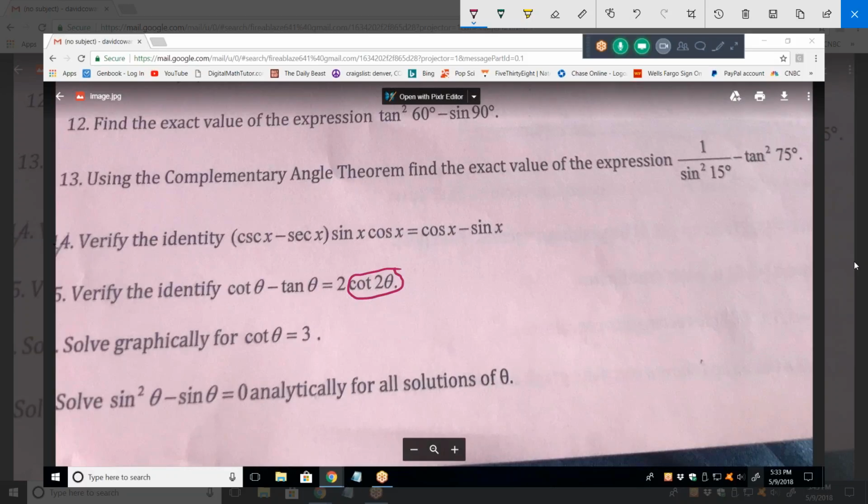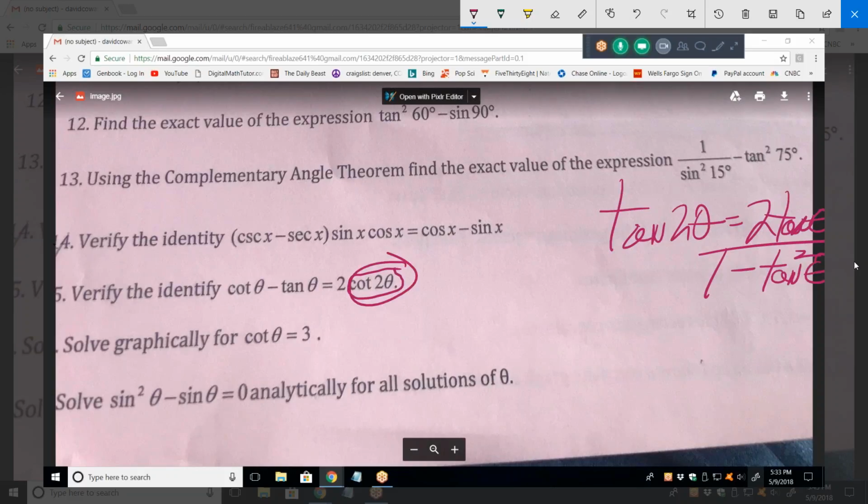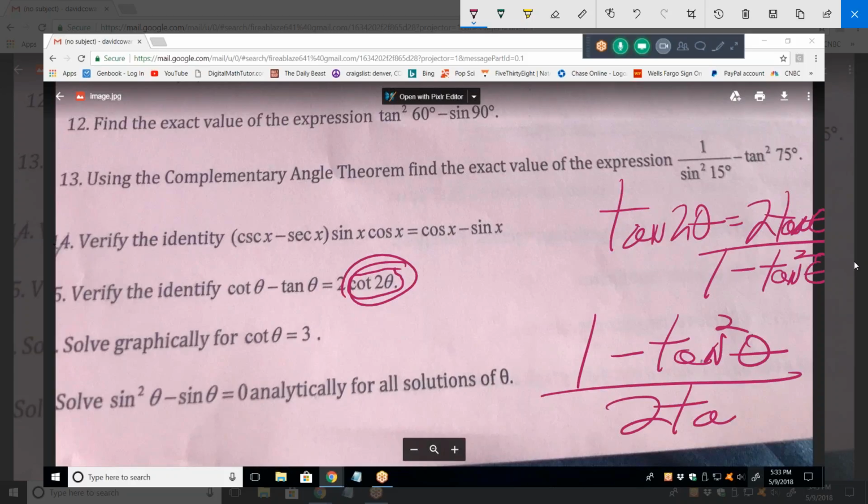Here, tell me, the tangent of 2 theta is 2 tangent theta over 1 minus tangent squared theta. So the cotangent of 2 theta would be the reciprocal. It would be 1 minus tangent squared theta all over 2 tangent theta.